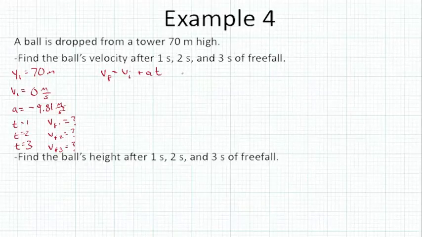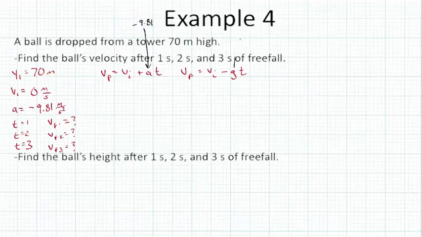If you wanted to, you could write it just like this, minus GT. Again, the only difference would be that when you put in your value for A right here, your value would be negative 9.81.